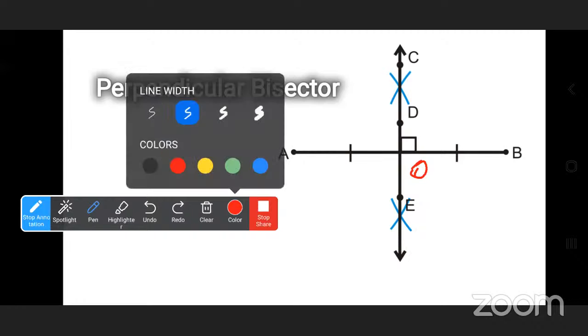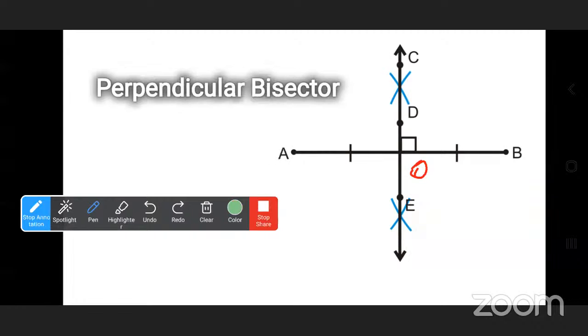Here, that is the symbol of the 90 degree angle or right angle. And the most important property of the perpendicular bisector is that it divides the line segment into two equal parts. It means, suppose the line AB is an 8 centimeter line.